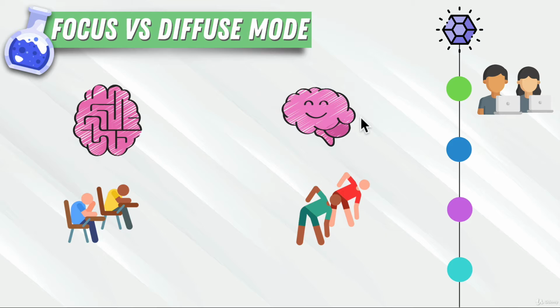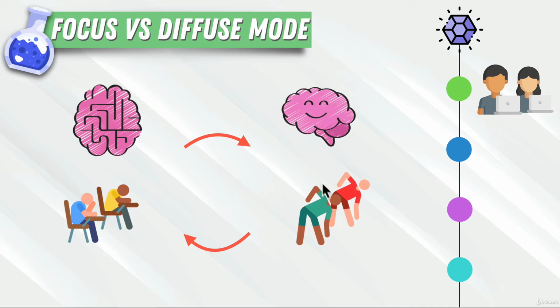So let me ask you this. Which mode makes you a better learner? Pause the video and try to guess. Ready? All right, this was a trick question. Most of you might have thought that focus mode is obviously the better method for learning. Actually, what Barbara Oakley and her colleagues discovered is that how well you learn depends on going back and forth between focus and diffuse mode.